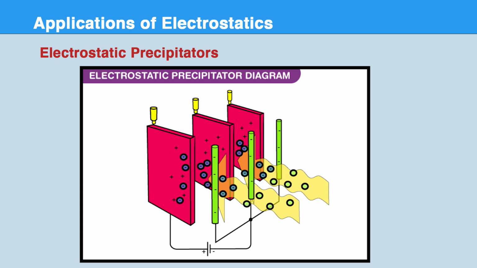Electrostatic precipitators are devices used to remove fine particulate matter from exhaust gases in industrial processes, ensuring cleaner emissions and better air quality. They are used in several industries: power plants, cement industry, steel mills.